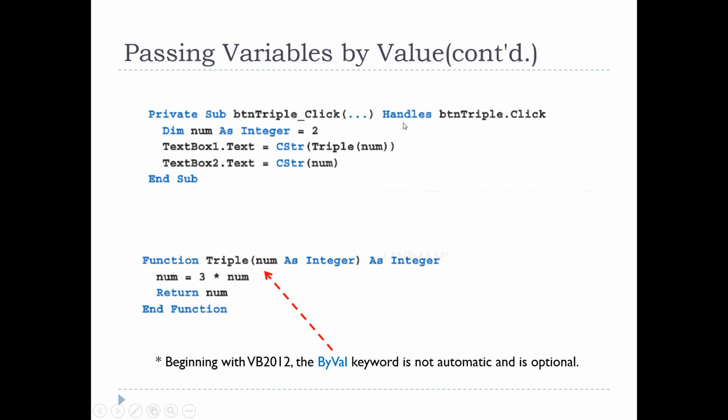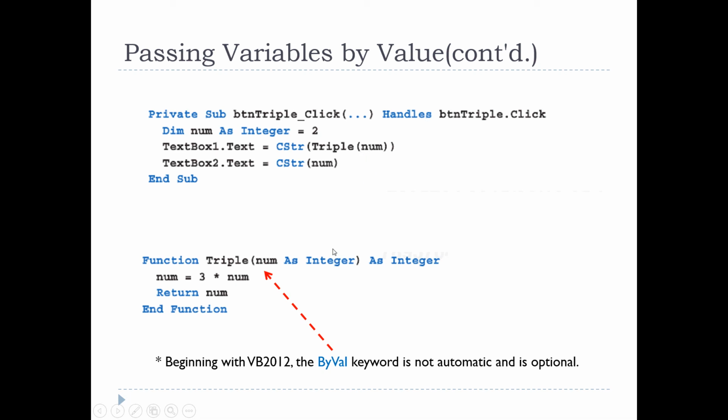So in this example here, we have a subroutine. It's a handler, so it looks very similar. It's a click event. So you click on this button, it does this. You have a number set to 2, and then we call a function here on the right side, triple.